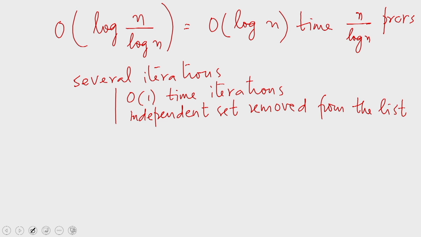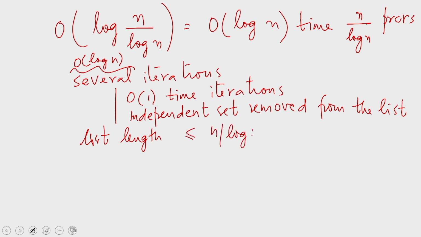We shall show that the number of iterations required would be order of log n. At the end of all these iterations, the length of the list would have reduced to at most n by log n. Then the number of processes is enough to perform pointer jumping on the remaining list.